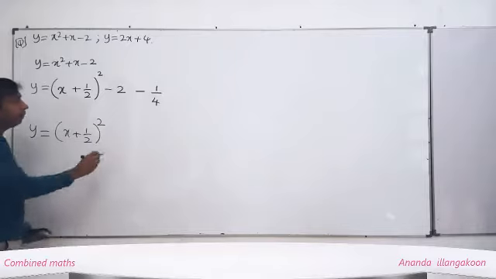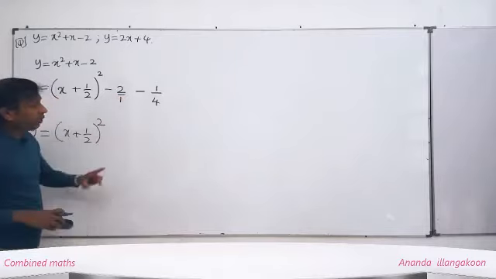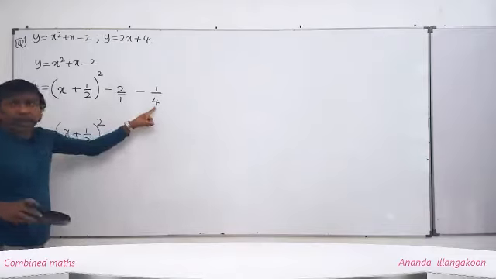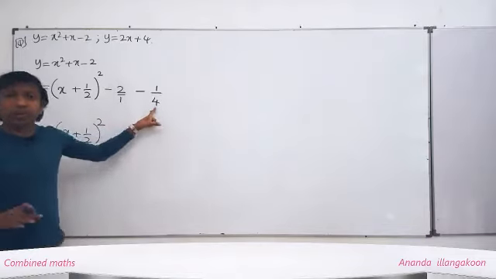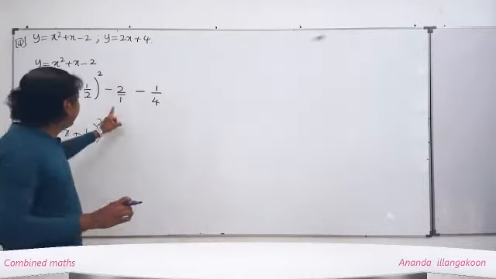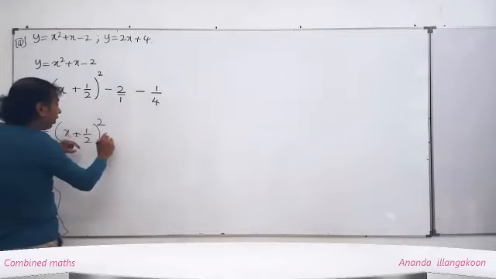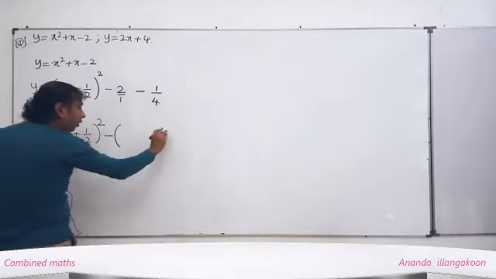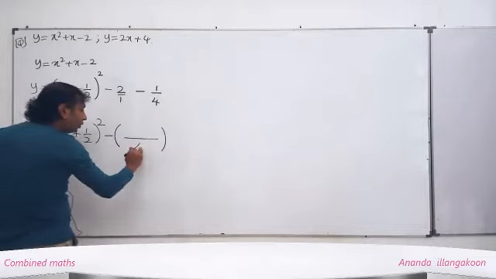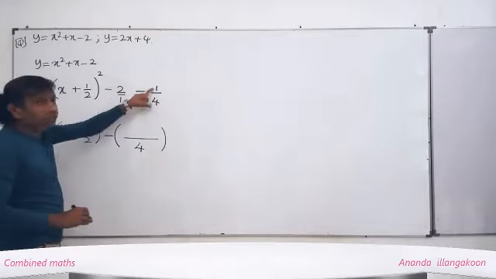All right. Now here you can see, people, when I consider this 2, it is really 2 by 1. Then for this 1 and this 4, I can take a common denominator. People, can you tell me the least common multiple, LCM, of 1 and 4? It's 4, no, people? It's 4. And I'm going to take this minus sign out and open the bracket. Once you take the minus sign out, both will now be plus.